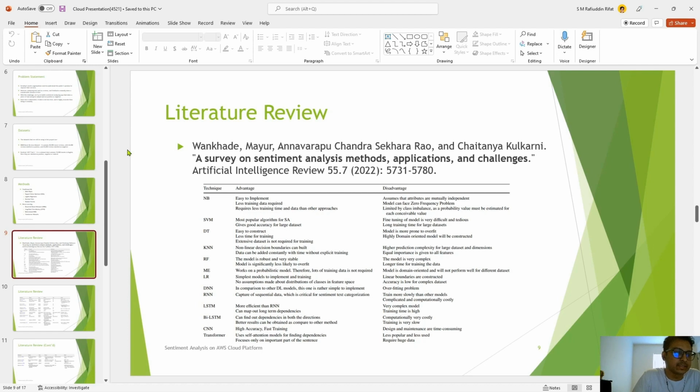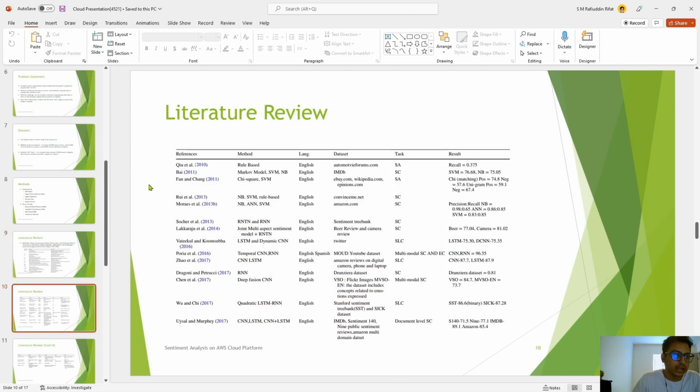And they have discussed the advantages and disadvantages of sentiment analysis, as well as various aspects of it, like aspect-based sentiment analysis, multimodal sentiment analysis, and transfer learning associated with sentiment analysis, etc. This paper also provides the necessary previous works, like various methods, their languages, their data sets, and associated results.